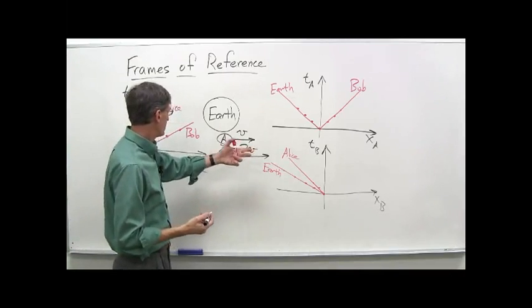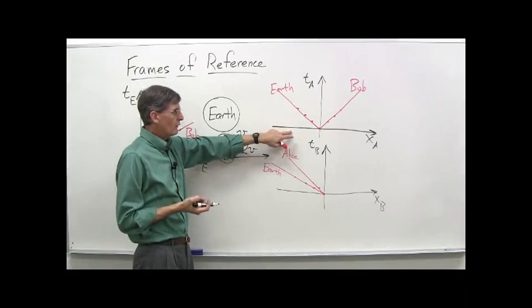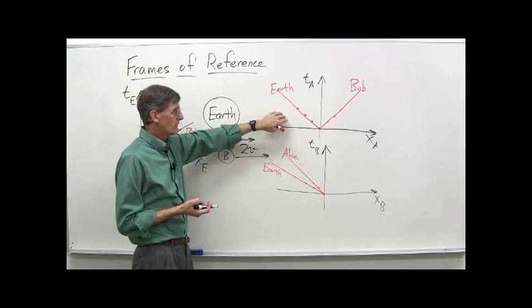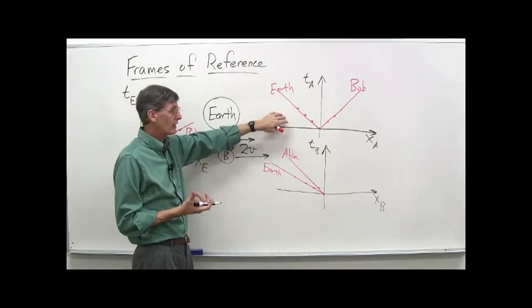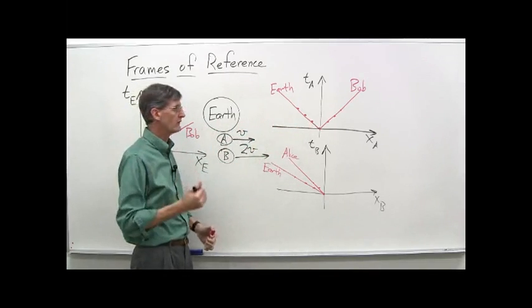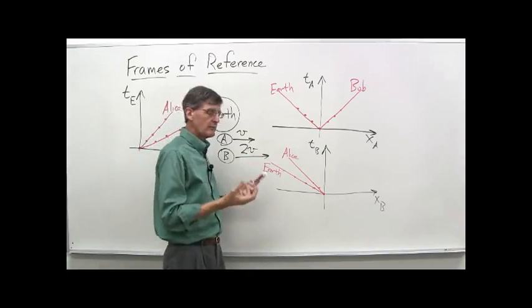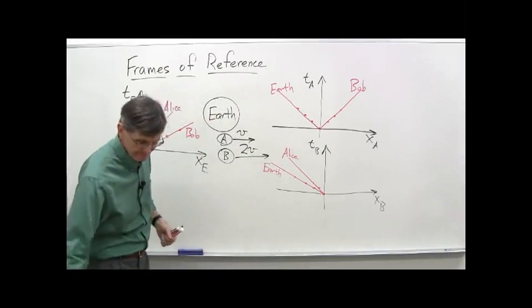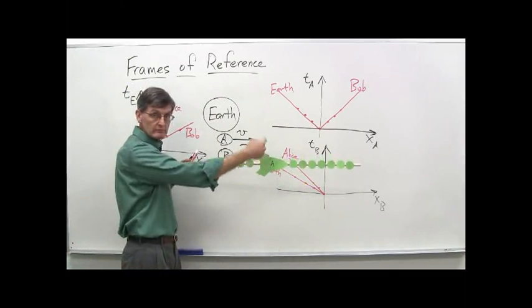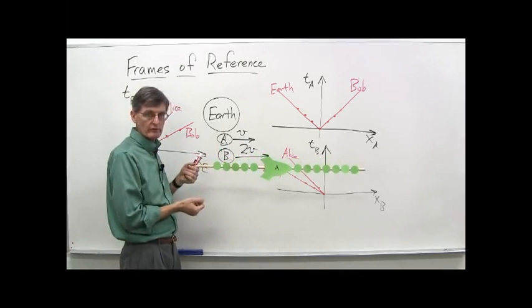But what if I were to plot, let's look at Alice's plot here. Where would Alice be on this plot? Okay, this is really her frame of reference. She's sitting in her cockpit. She sees Bob going away from her that direction. She sees Earth going the other direction. How would you plot her on here? Well, think about it. From her perspective, she's just sitting in her cockpit at position 0. So as time goes on, she's always at position 0 from her perspective.